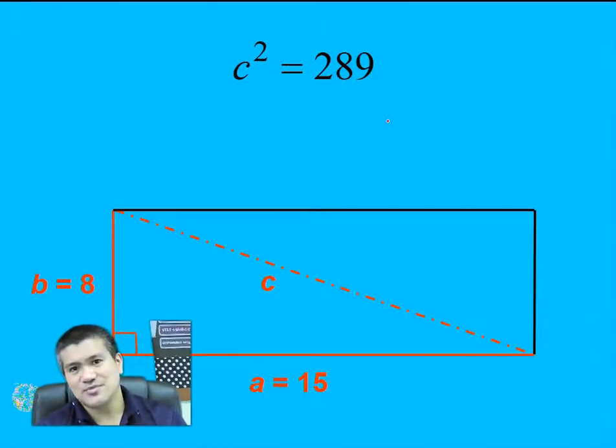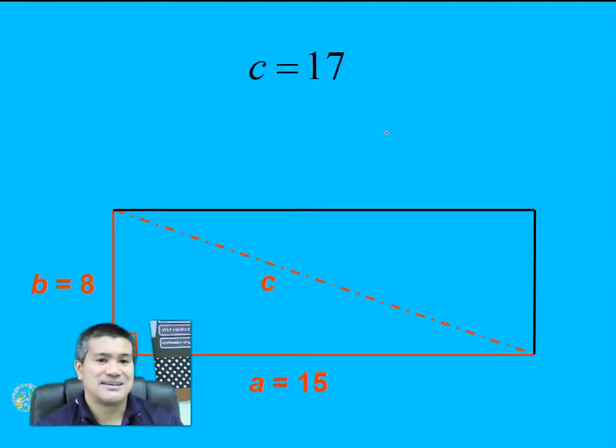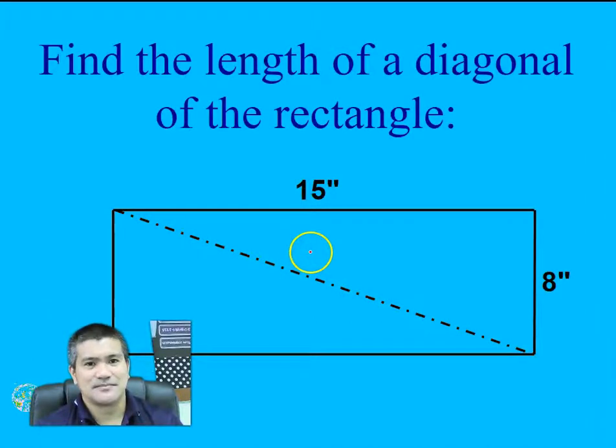So what is the square root of 289? It will give you 17. So therefore the length now of a is 15, b is 8, therefore c equals 17. So the same as here, right? Because both of them are equal, therefore the length equals 17.